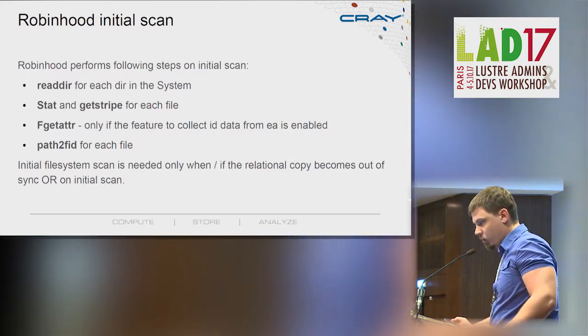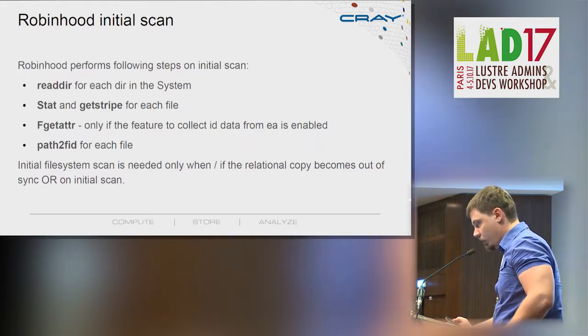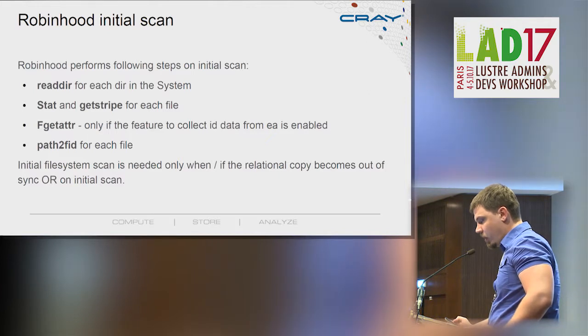That includes the following steps: readdir for each directory in the system; for each file, stat and getstripe. In case of HSM, it does fgetxattr, and it also calls path2fid for each file.